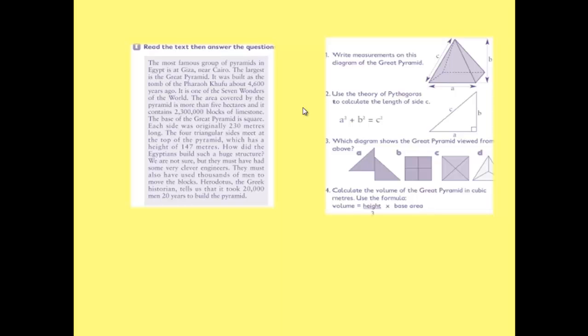Herodotus, the Greek historian, tells us that it took 20,000 men 20 years to build this pyramid. Now we have 4 questions. Question number 1, write measurements. Here we have the shape, and we want to write the measurements on this diagram of the Great Pyramid.